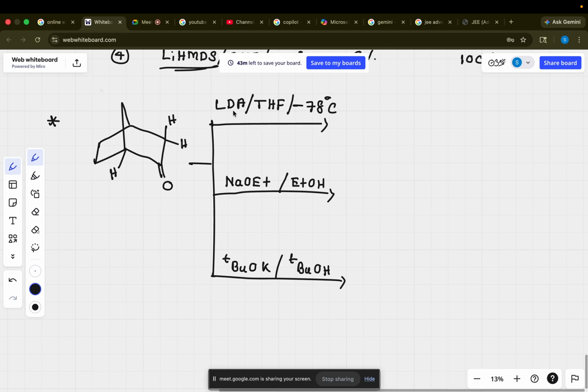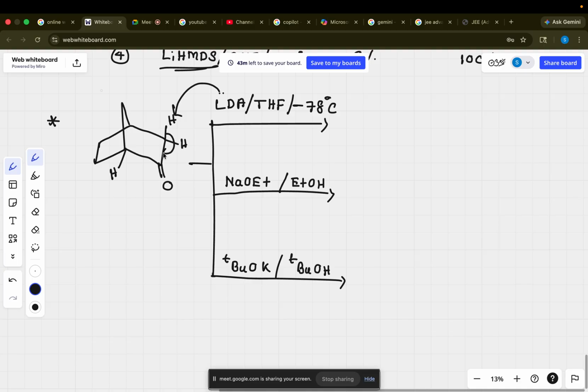First of all, tell me about LDA in THF; THF is the solvent tetrahydrofuran, at minus 78 degrees. So low temperature and bulky base, that will lead to what? Kinetic or thermodynamic? Kinetic product, right? So that will abstract the proton from the less sterically hindered side.